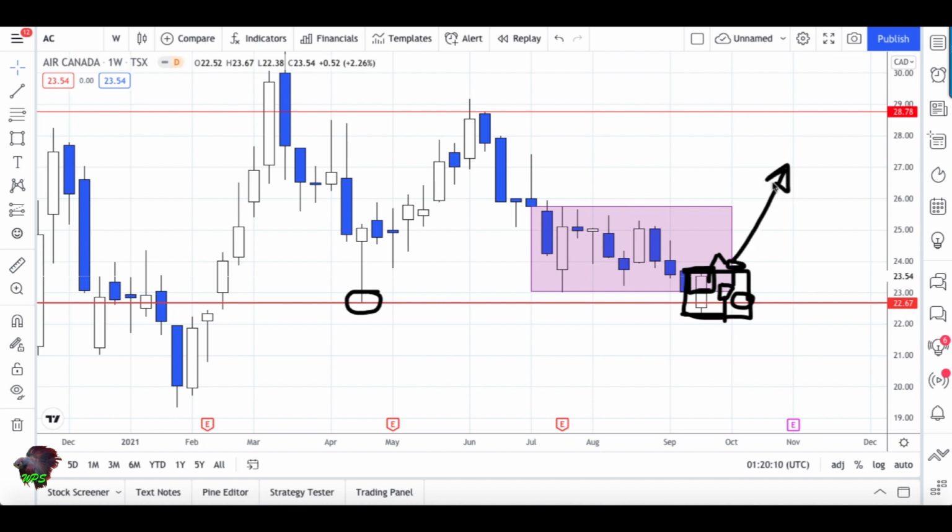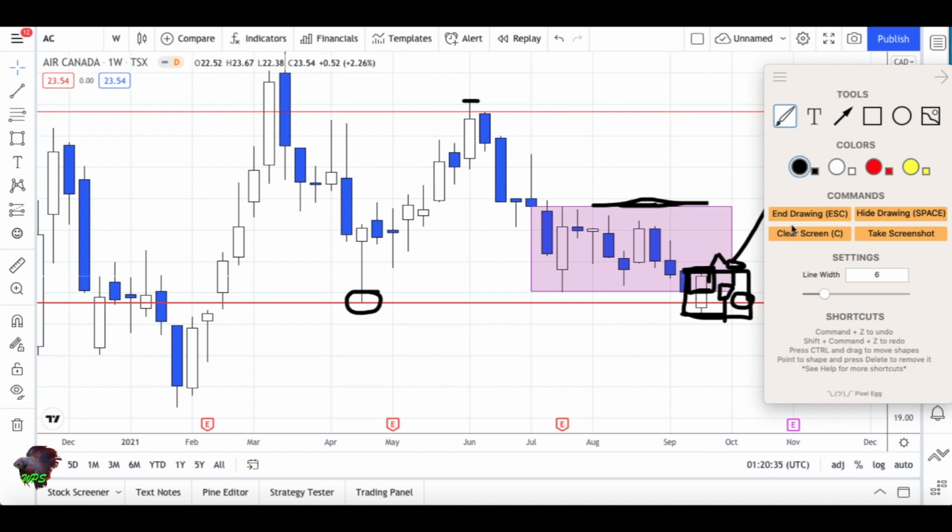And then we can take the market all the way to 28.78. That will be our target. First target would be the top of this box, which is around $26. So from the 24 area to the 26 area as a first target, and the second target would be 28.78, or maybe even $29 here. So that's how I see the market for this weekend.